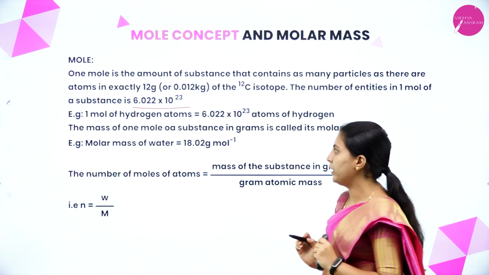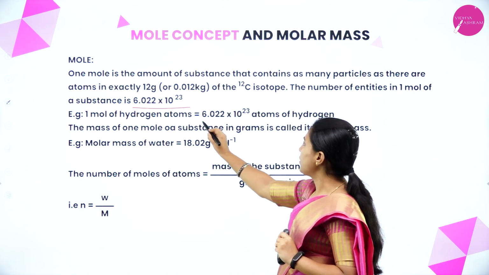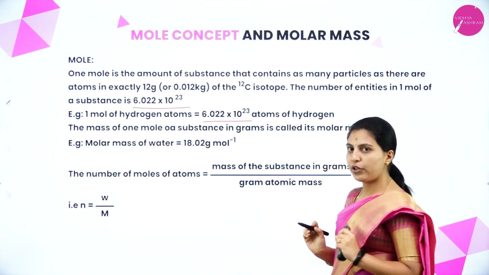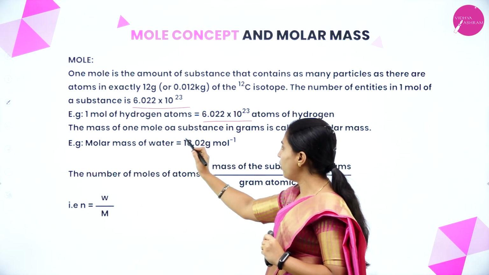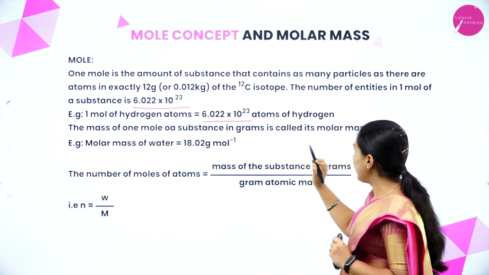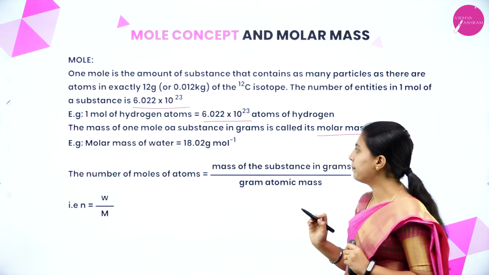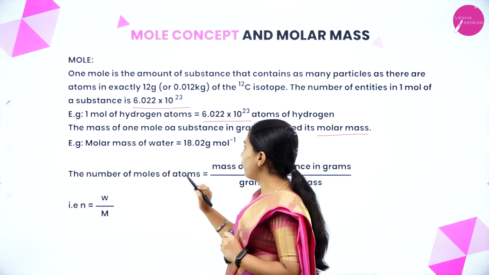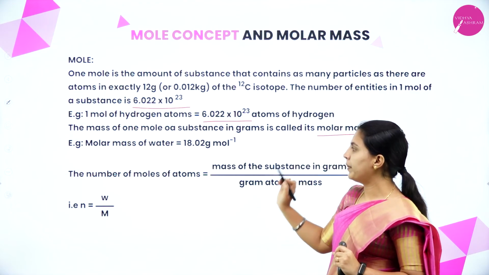For example, 1 mole of hydrogen atoms is 6.022 into 10 to the power of 23 atoms of hydrogen. The mass of 1 mole of a substance in grams is called molar mass. The molar mass of water is 18.02 grams per mole.